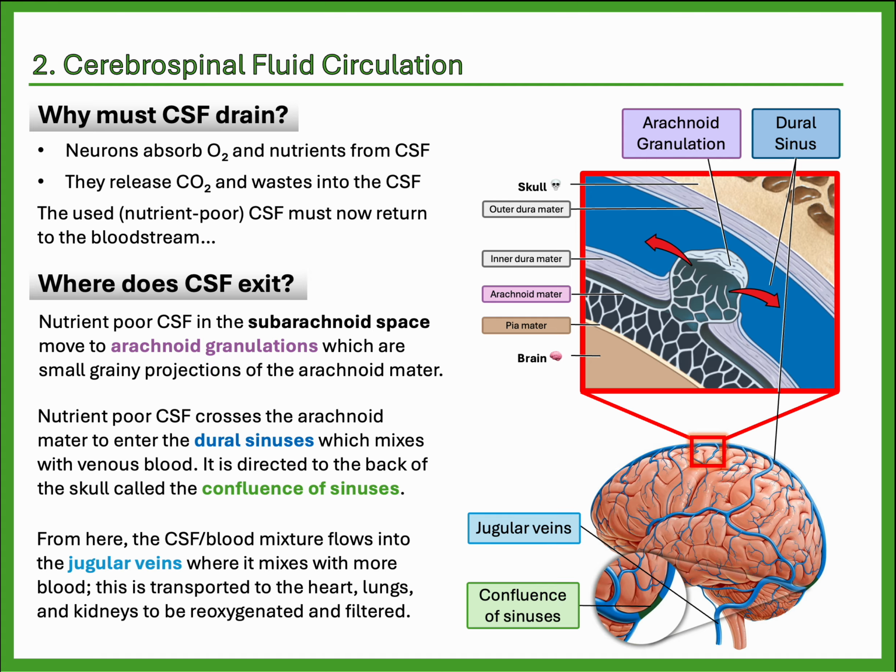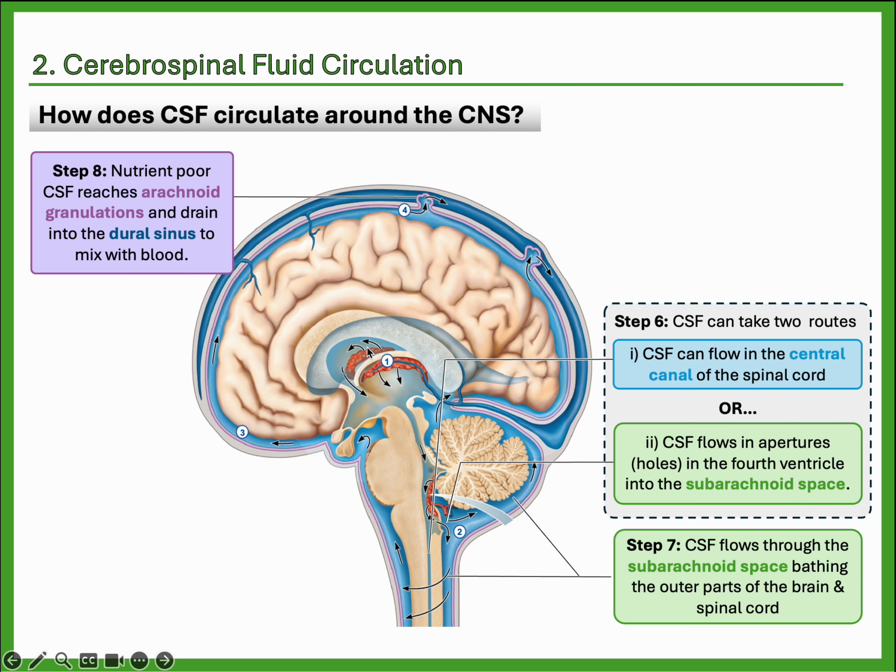So let's talk about this drainage because it's a little bit difficult to understand. Why must we drain CSF, right? Neurons absorb oxygen and nutrients from the CSF, and they release CO2 and waste into the CSF, throughout this whole pathway, as I told you that CSF is flowing.